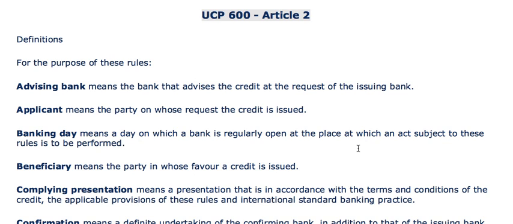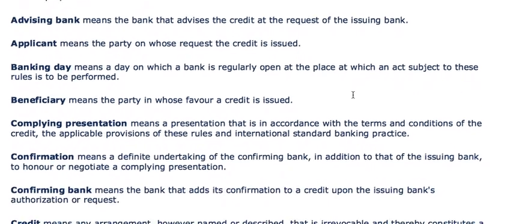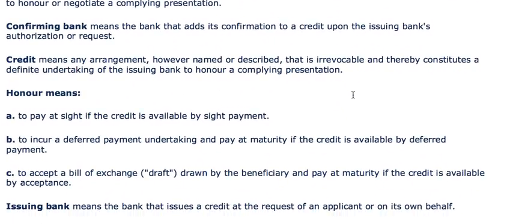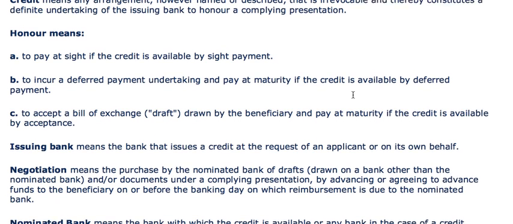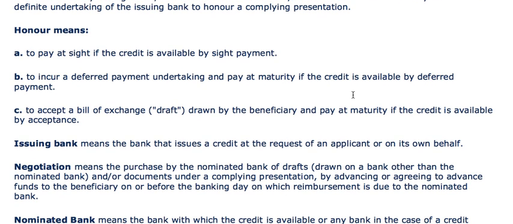So applicant goes to his own bank, and after completing some formalities, that bank will issue the letter of credit, and this bank is called issuing bank. Issuing bank means the bank that issues a credit at the request of an applicant or on its own behalf, sometimes on its own behalf also.